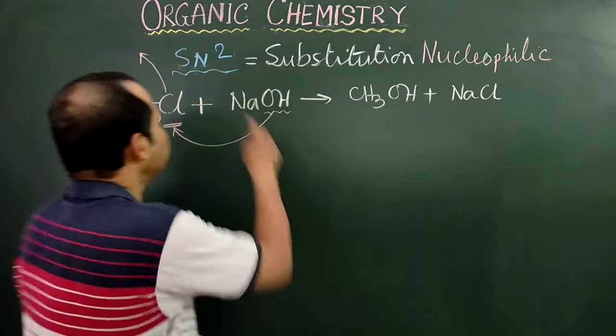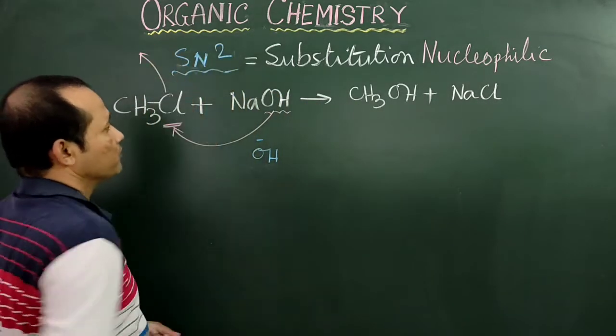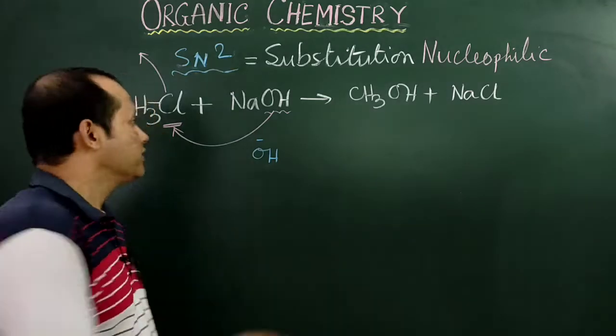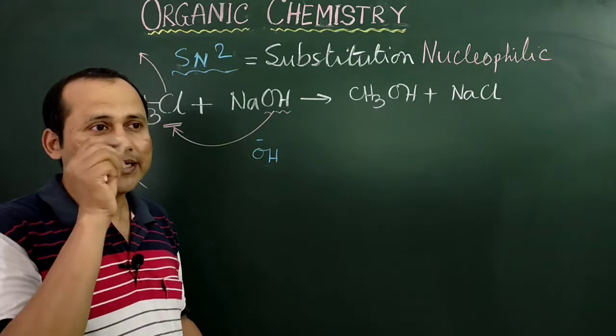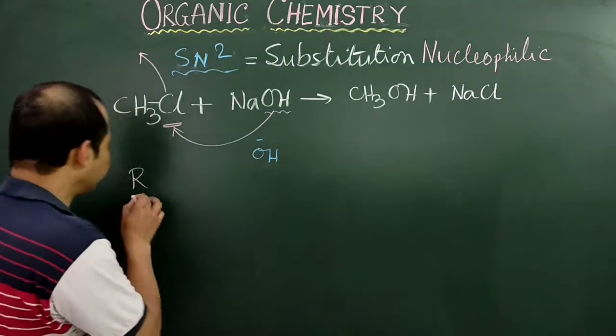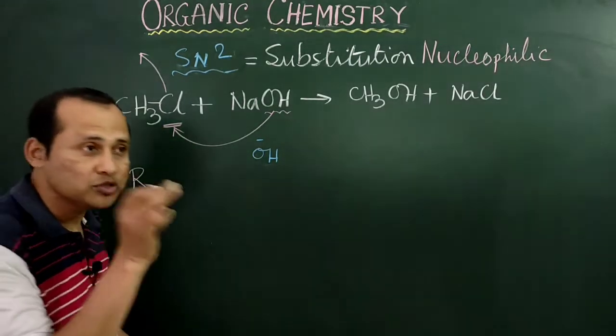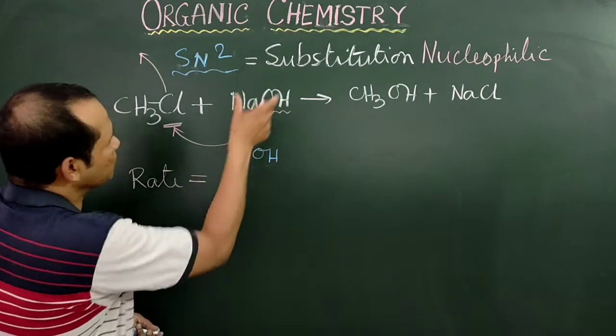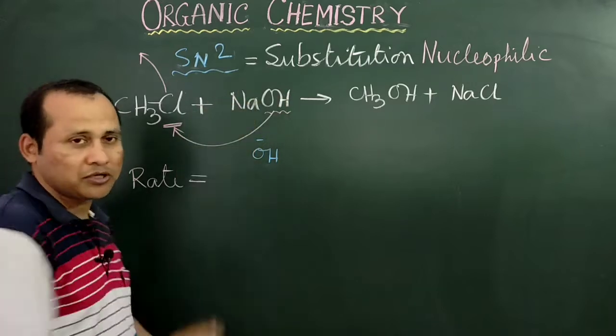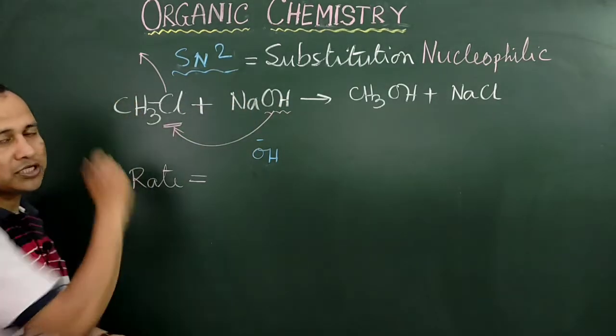Now the next term, which is 2. What does it mean? If we study the rate of the reaction, it is experimentally true that the rate of the reaction is dependent on the concentration of this and on the concentration of this.